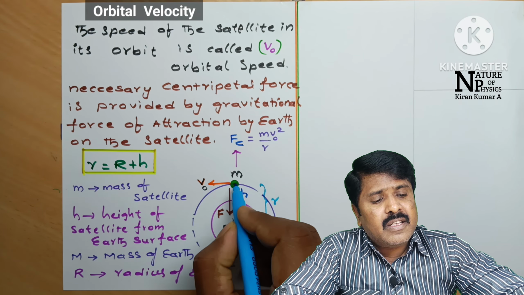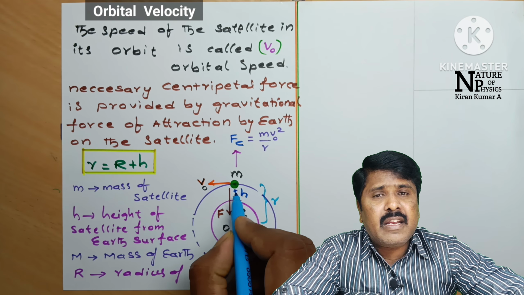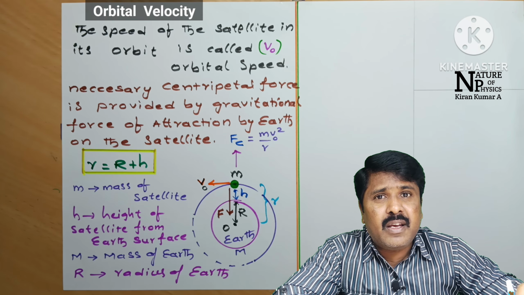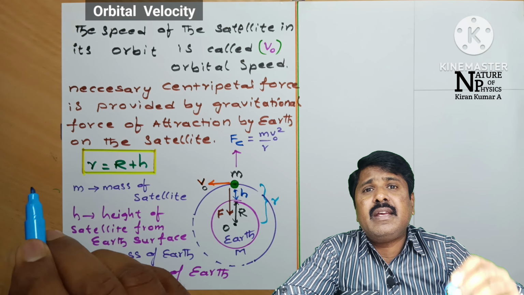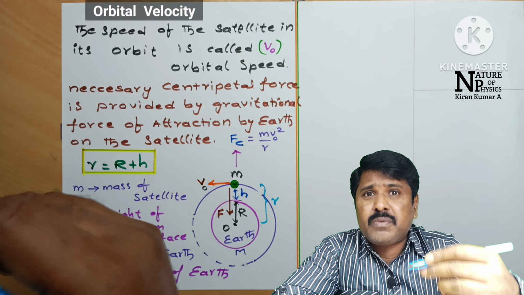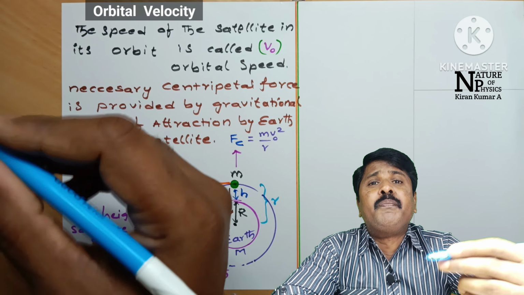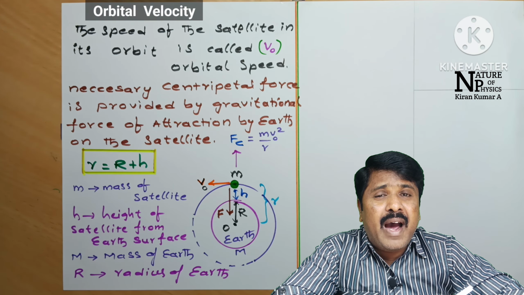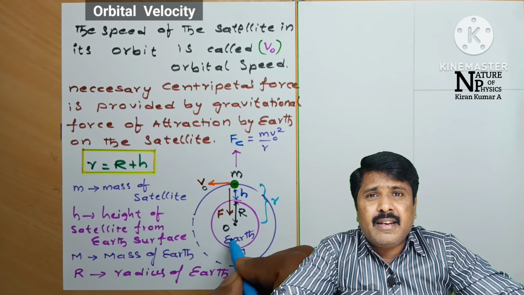Here the satellite is revolving around the Earth at a height h from the surface of the Earth. So the revolving satellite has a centripetal force. The necessary centripetal force is provided by what? The gravitational force of attraction between the satellite and the Earth.